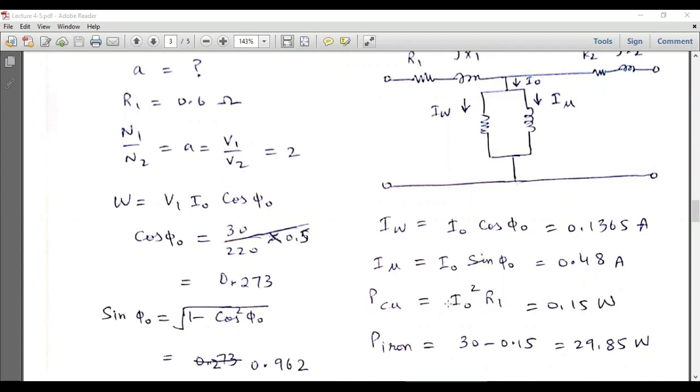So for calculating the power, the copper losses, the I naught current must be considered. So I naught square into R1 is equal to 0.15 watts. These are the copper losses under no load conditions.